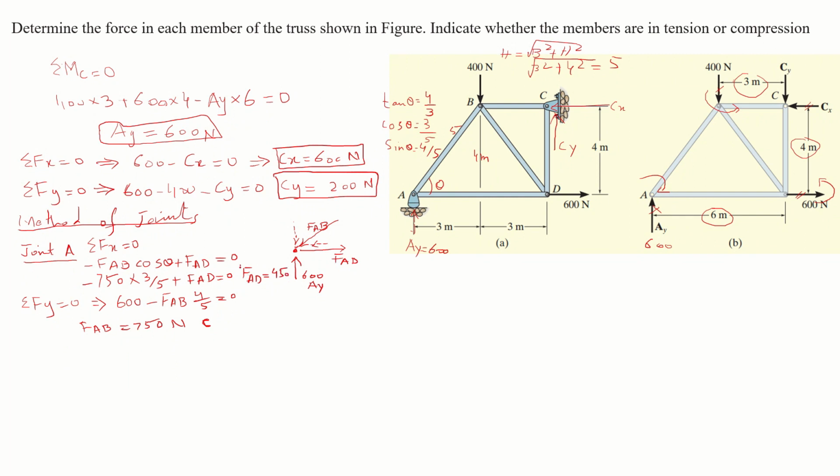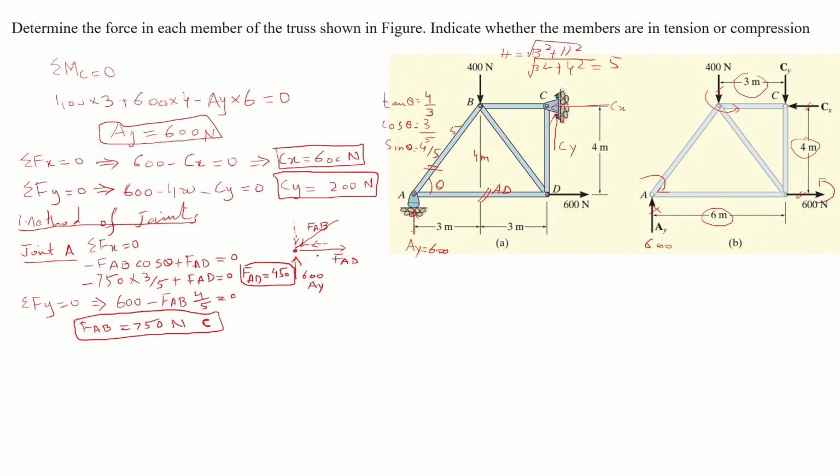and this FAD and this FAB are the forces in these members. This is the AD member, and this is the AB member, and we have found the forces in these two members. So now we can find their dimensions according to these forces.